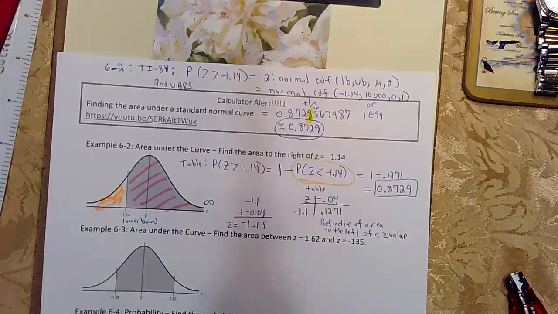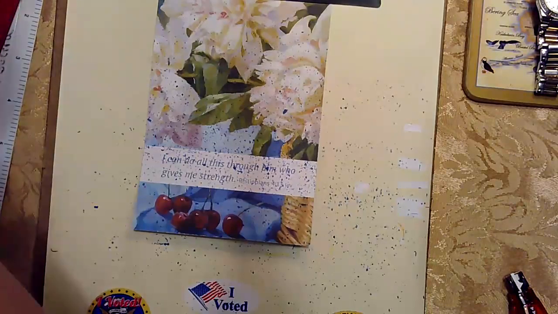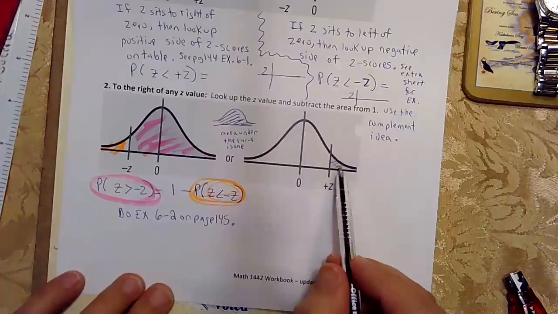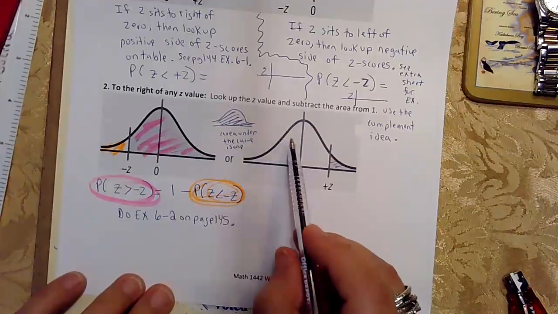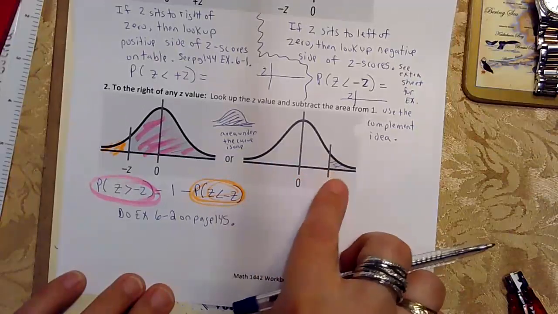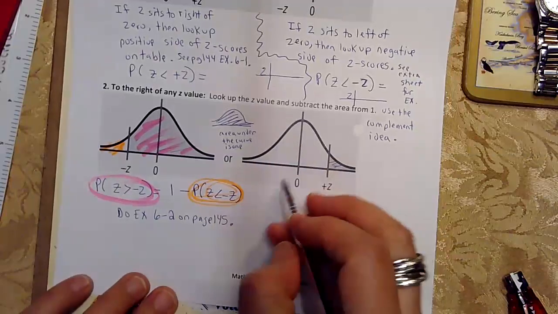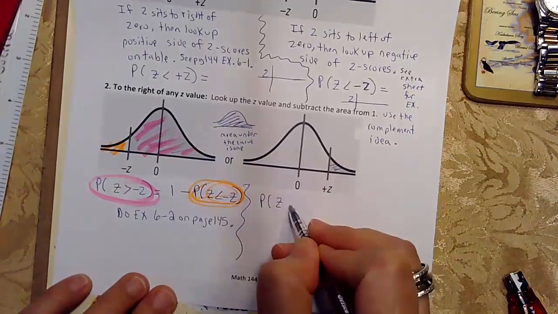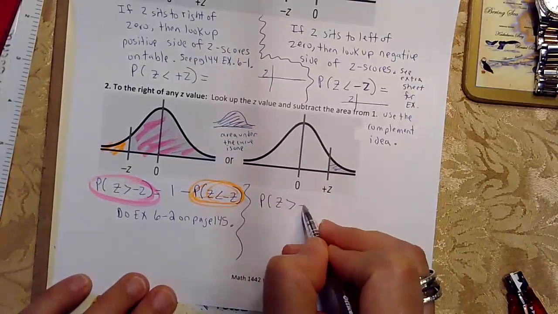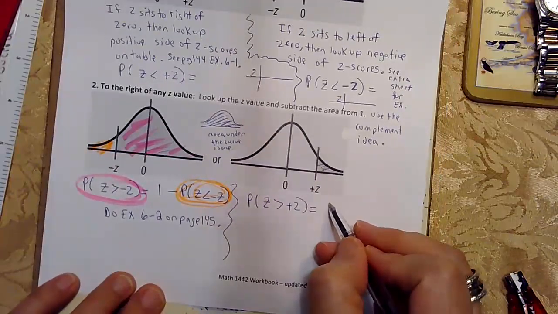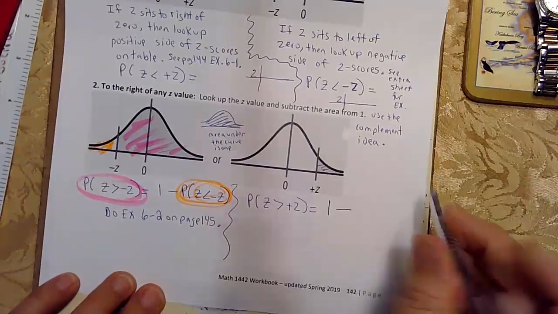Now let's go back to page 142. So again, let's say we're trying to do just another example to the right of any z value. And now this z is on the positive side. So we start off with probability that our z is greater than, this is a positive z. So we're still going to do the complement, 1 take away.